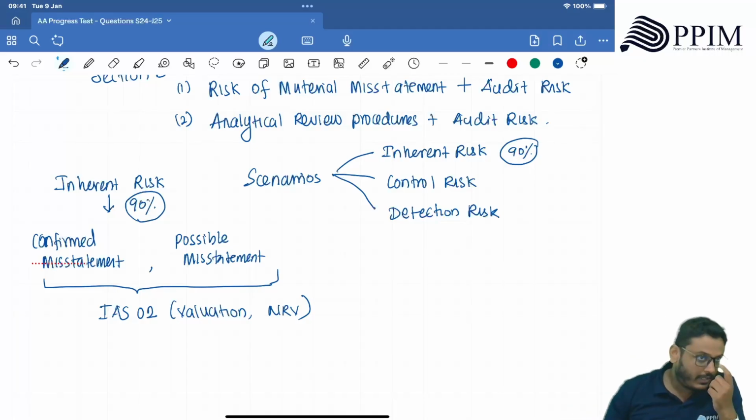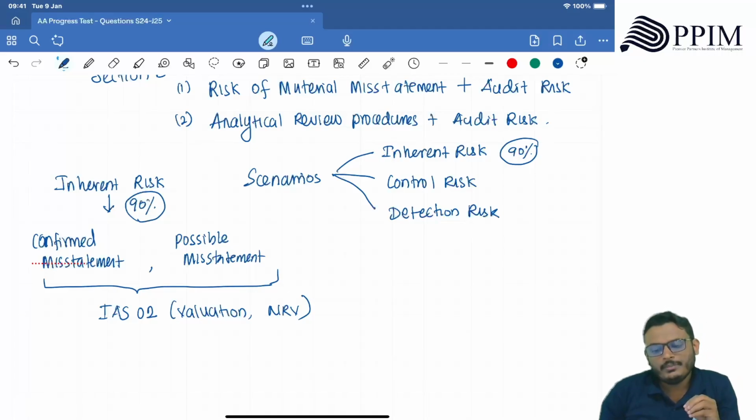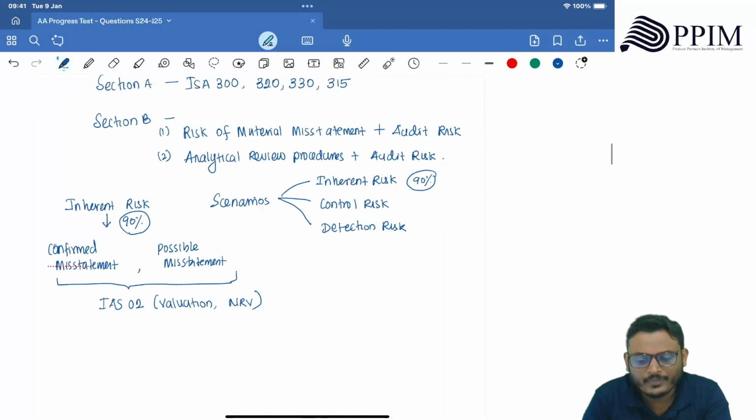So I'm expecting inventory related possible issue or inventory related confirmed issue. There is a possibility it can be a valuation related problem, or it can be a net realizable value cost related problem. That is possible, so this time also I'm expecting that can be included in your case study, right?